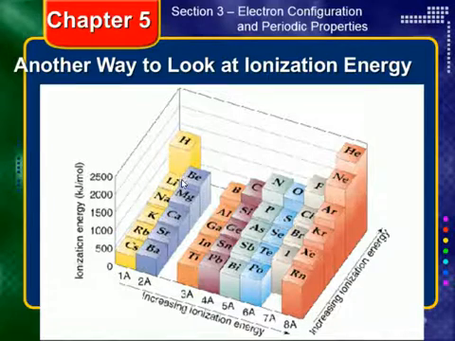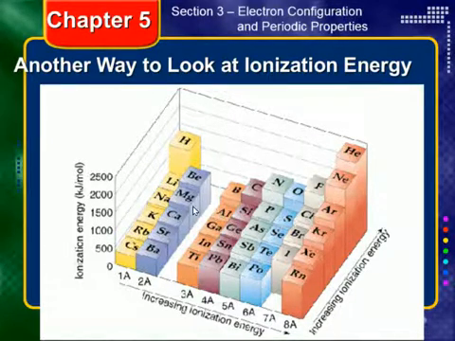If we move over to the right, we're going across a period. Let's just start, for example, at sodium in 3A. If we move to the right to magnesium, that first ionization energy is greater. Ionization energy is going to increase. Now, if we jump over to aluminum, from this angle, it looks like it's decreased a little bit.